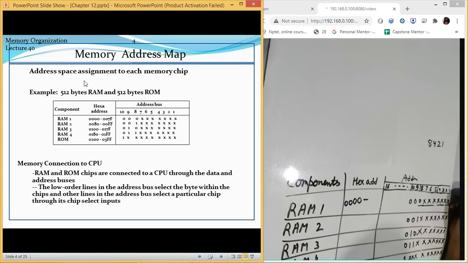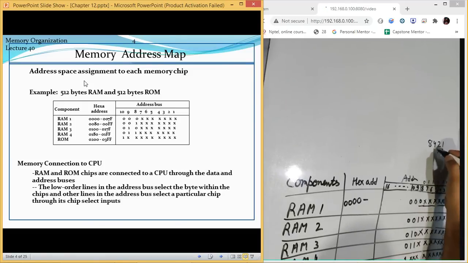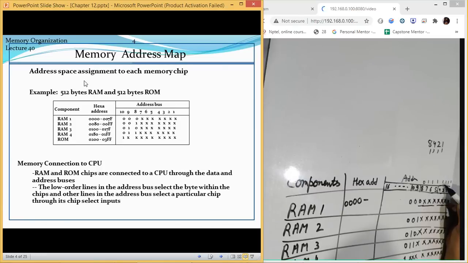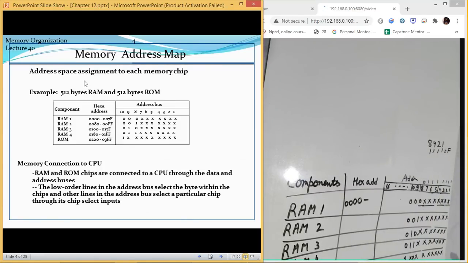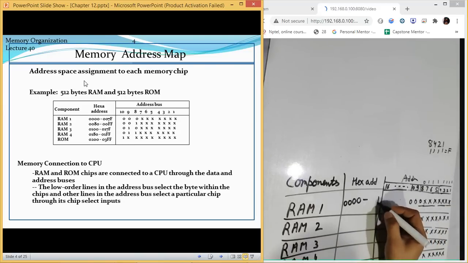So this value will be 1 1 1 1 1 1 1 and a 0. Now just calculate what it is. It is 1 1 1 1. Just calculate this. This becomes F. F is for 15. So this value will become F.